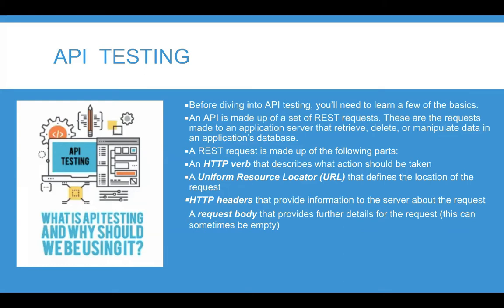You want to log in through the API. You need to provide information in your header to the Facebook API to say, this is who I am, username and password. You provide this in the headers, or you can provide it in the body. The body provides further details of the request.